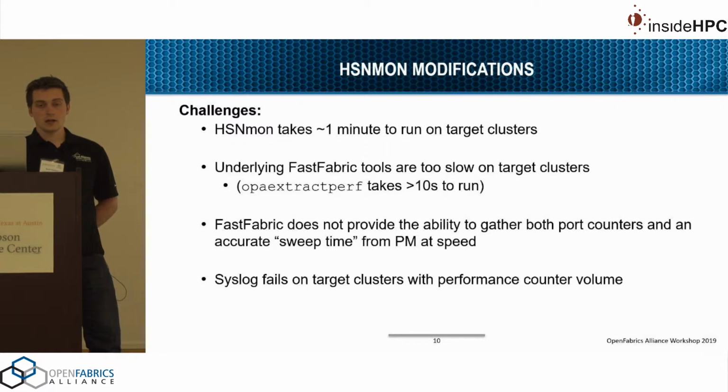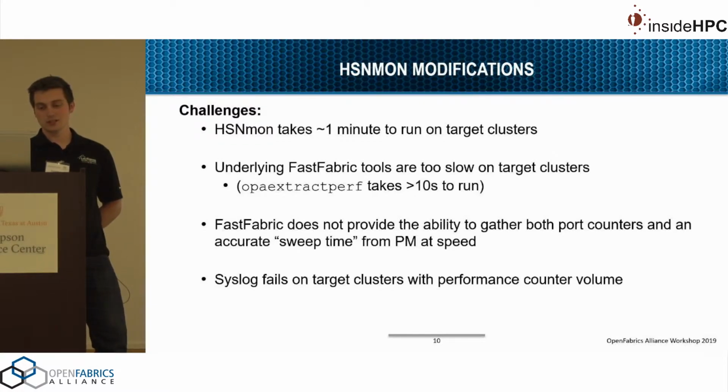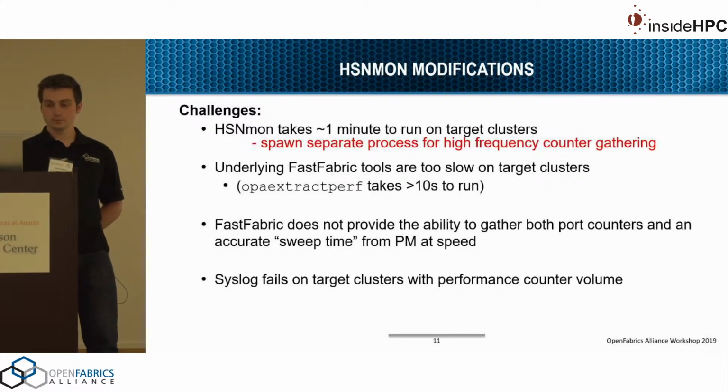However, getting that information using the fast fabric tools as one operation isn't possible the way the tools are designed, at least as far as I could find. Additionally, syslog at the volumes that we were using, sending performance counters, it just fell over. It wasn't possible to run syslog for that high frequency.